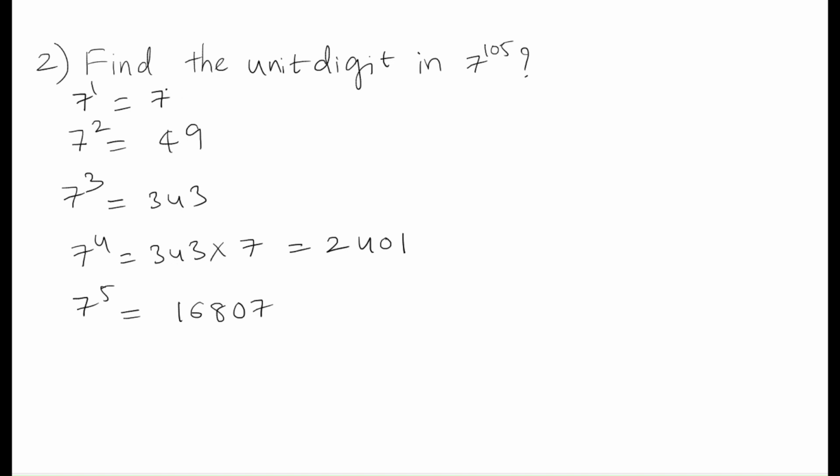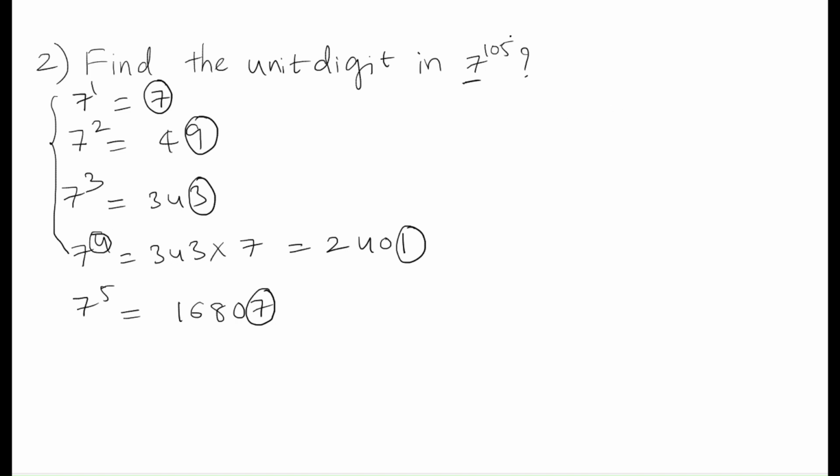You can see one pattern here: after the 4th power, you get the same units value again, like 7, 9, 3, 1. Why did I take 7 here? Because in this equation we have 7. So the units place is repeating after the fourth power.